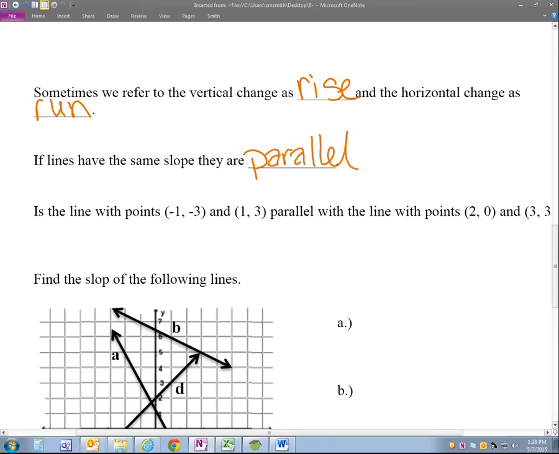Lines that have the same slope are parallel, naturally. Okay? Lines that have the same slope are going to be parallel. Not only are they going to be parallel, but they are parallel. Bless you. Yes? Oh, you're right.